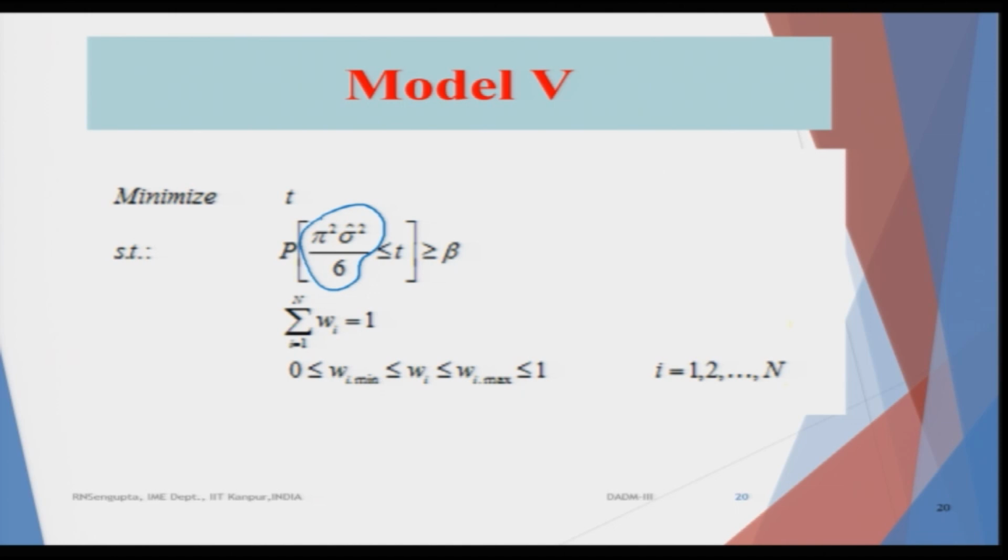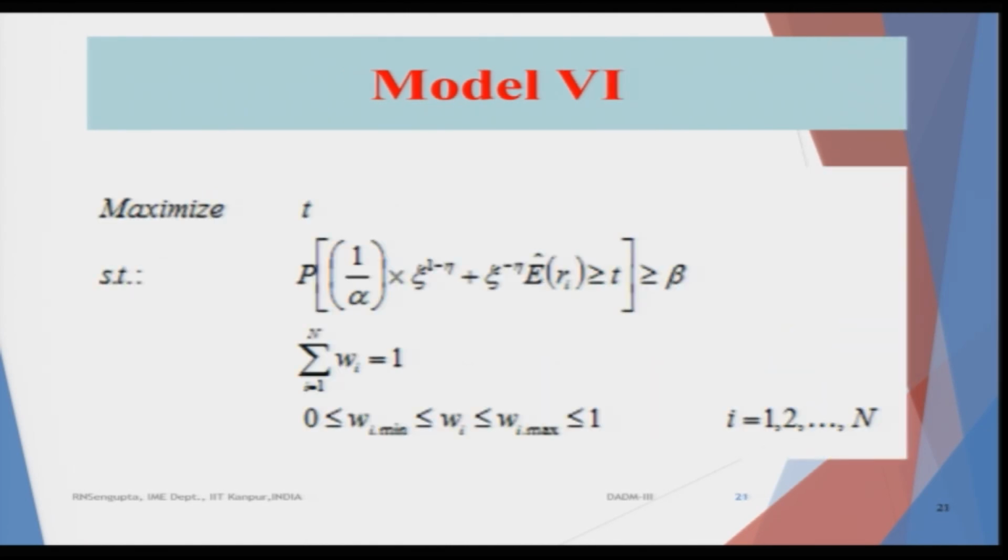The second constraint which is given here in the slide, also I am not repeating here, is that the sum of the weights is equal to 1, and the third and last constraint is basically that the wi's are between min and max. Here if you see, for the first time I am writing a problem formulation, again I am trying to maximize the t.